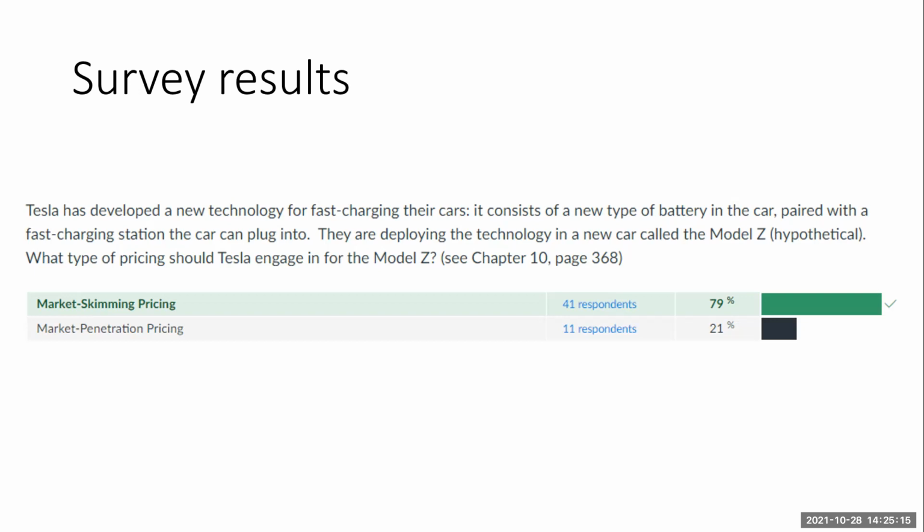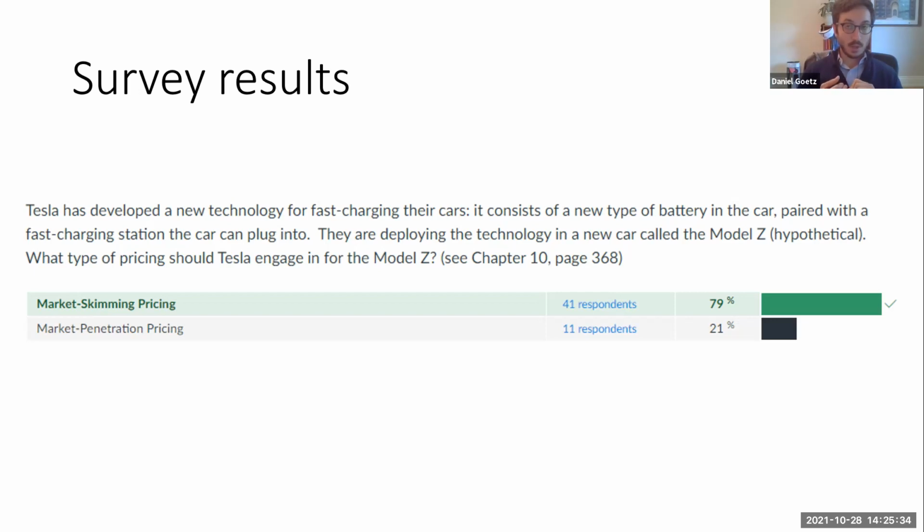So you could raise the price and make as much profit before other companies enter. So like a competition story, and you have this story about people out there who have a really high willingness to pay, charge them a high price now, and then lower the price later on.